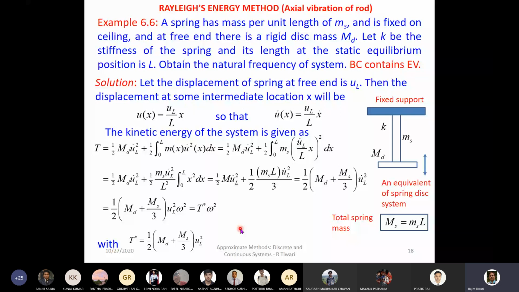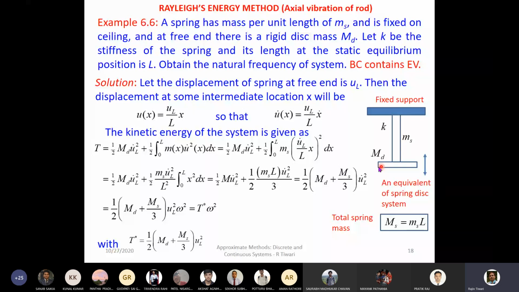So here we have one. Basically there is this rod I have shown, but there is a spring here, and the spring has distributed mass. Usually we don't consider the spring mass, but here it is given that the spring has mass per unit length ms, and apart from that there is a rigid disk at the free end of the spring.